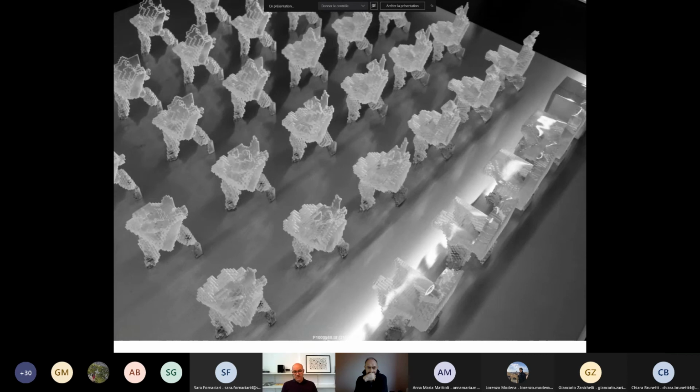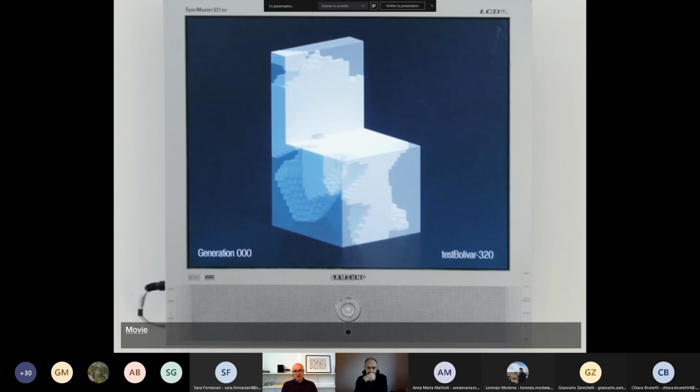So the fact that when you do a chair the function of it doesn't change allows you to focus on its deep conceptual nature, and let's say on its design method mainly.